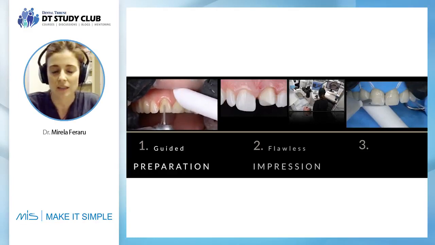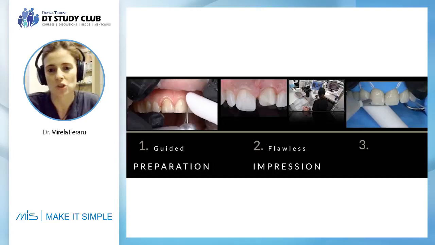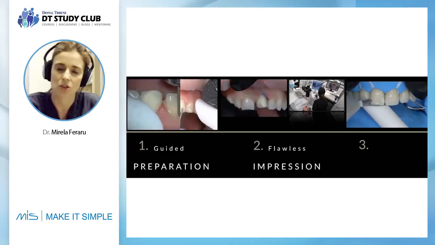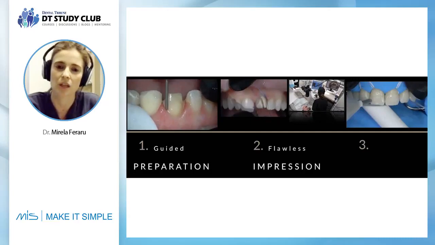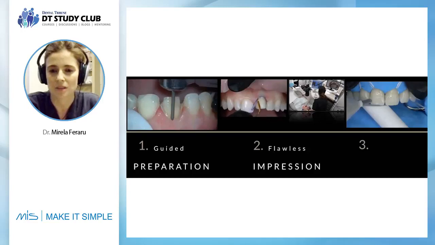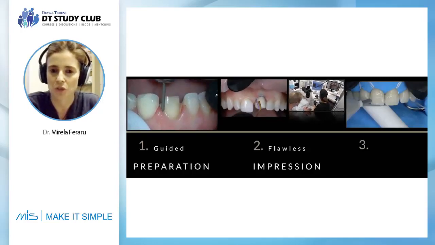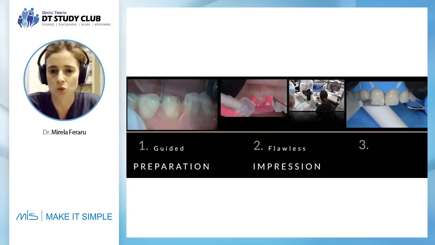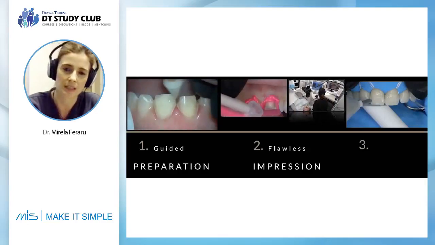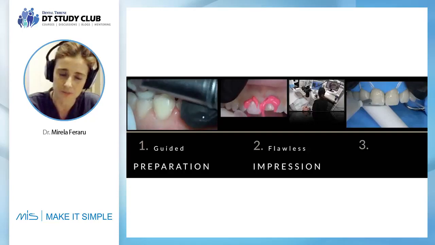Moving forward, we will have to transmit this information to our laboratory, to the dental technician. And now, regardless of the type of workflow that we are going for, digital or still an analog way, we still have to follow certain steps, like deflection of the soft tissues using retraction cords. We still need to know how to properly choose them in order not to cause any damage to the periodontal structures.